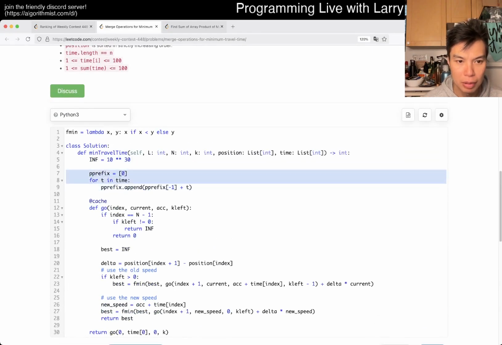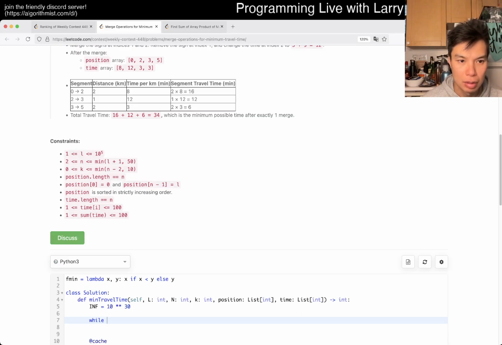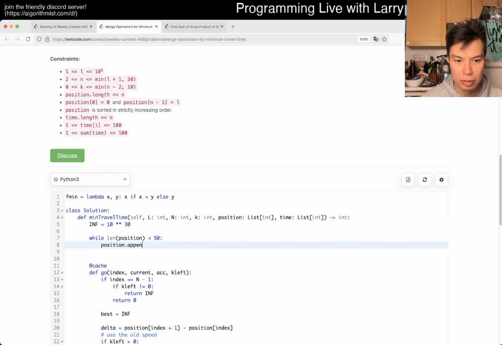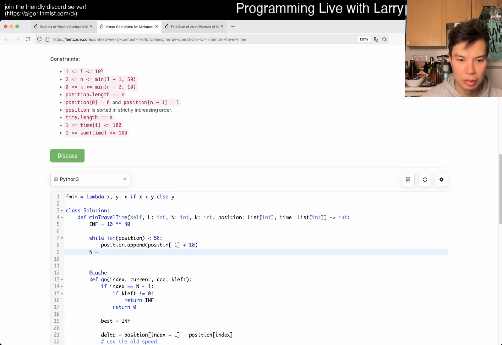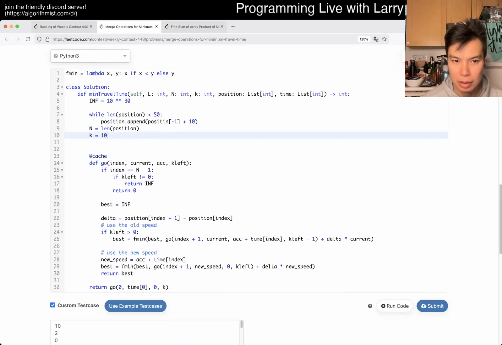We don't use this anymore. Plus 10. And then K, we just set it to 10. And I think that's it, really. Well, position and time. Okay.